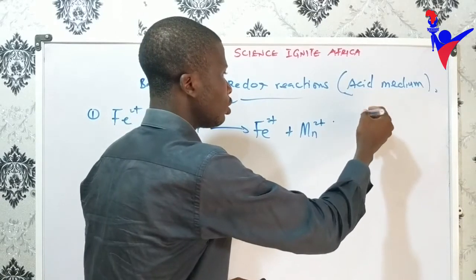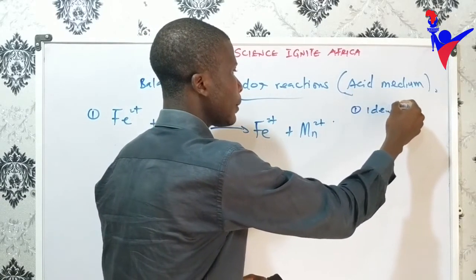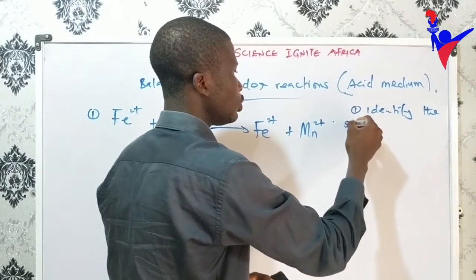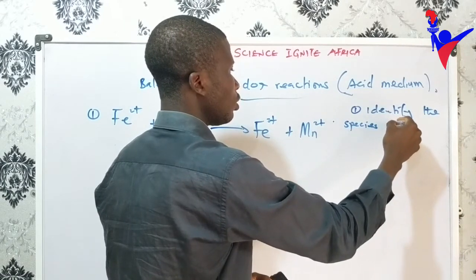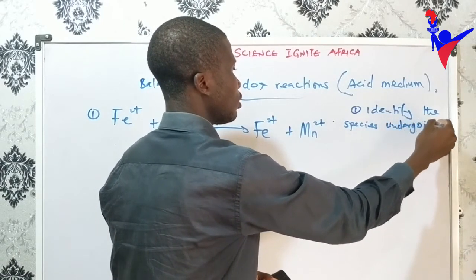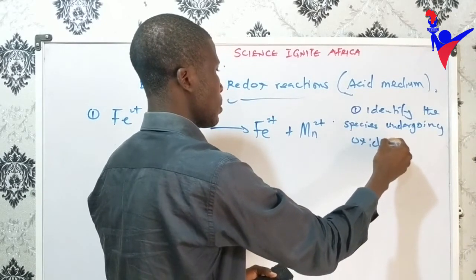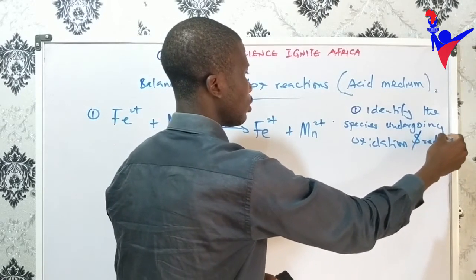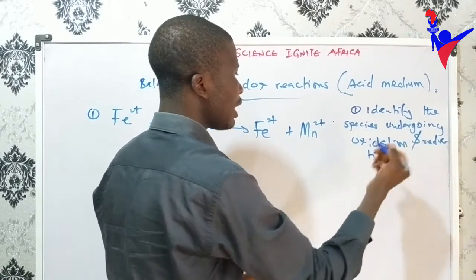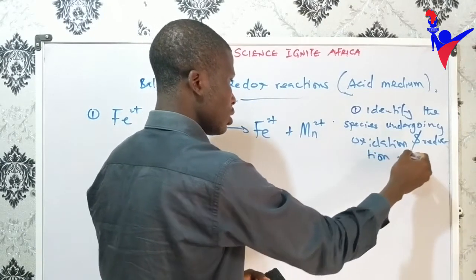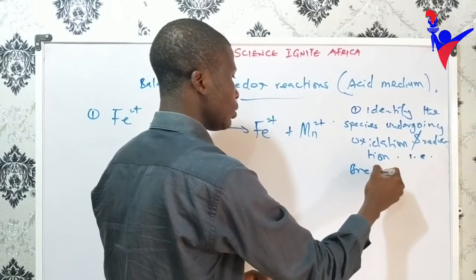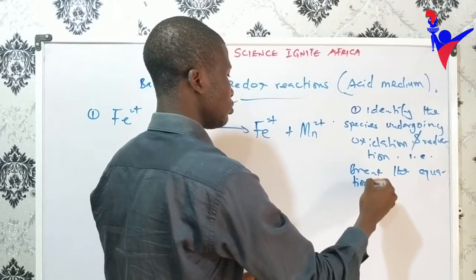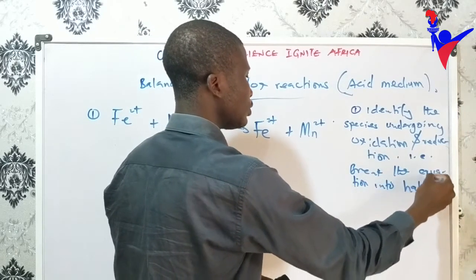So your first step is to identify the species undergoing oxidation and the one undergoing reduction. In other words, I'm saying break the equation into half cells or half reactions.